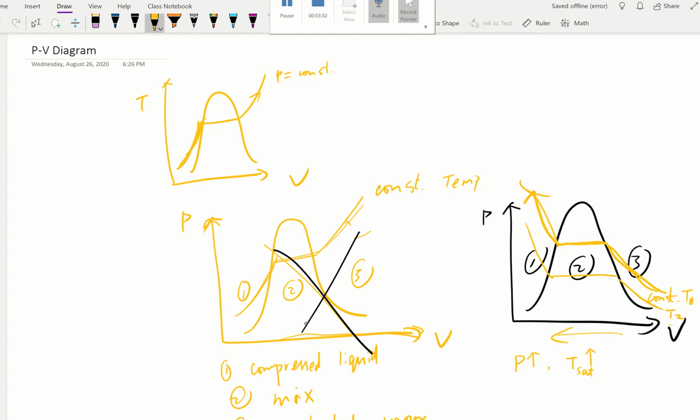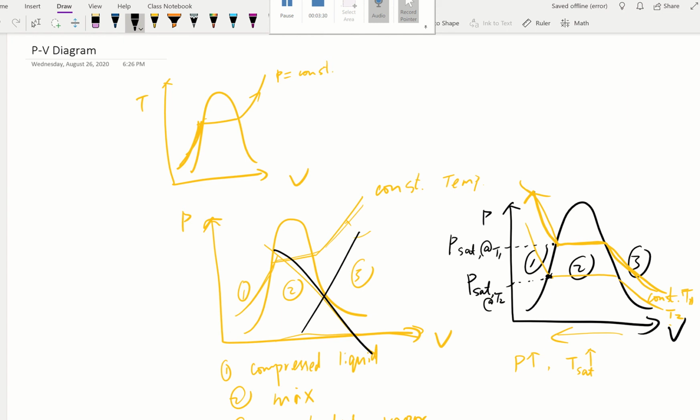In this situation, the point corresponding here, at that temperature, is our saturated pressure, Psat at T2. And here, corresponding to that temperature, is Psat at T1.